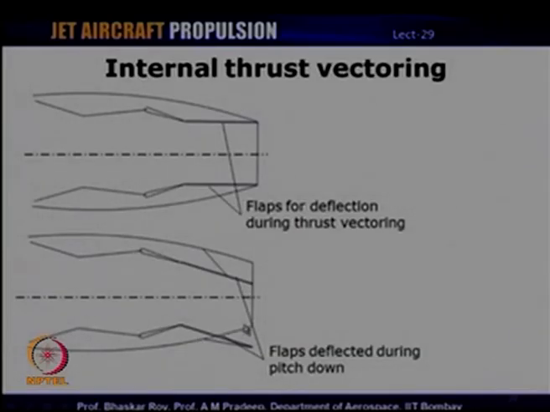So, under pitch down, for example, if these flaps were to be deflected, one gets a pitch control, and if it were being deflected in the other way, the opposite direction of the pitch control is achieved. So, this is known as internal thrust vectoring, because it is the internal surfaces of the nozzle which are being deflected to achieve the thrust vectoring.